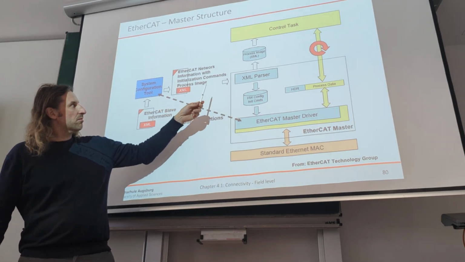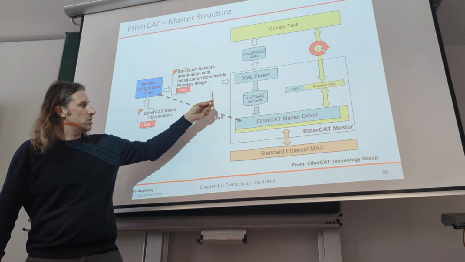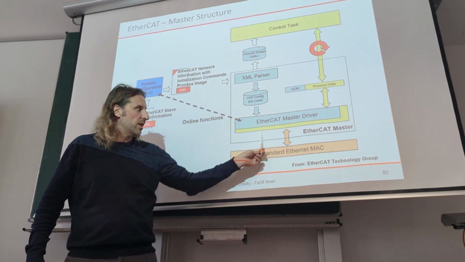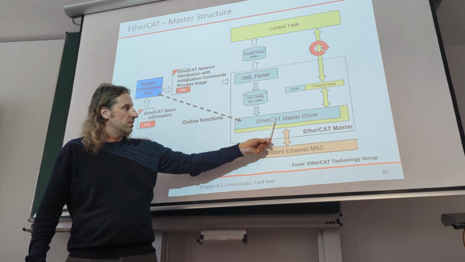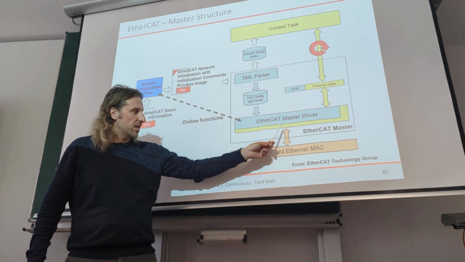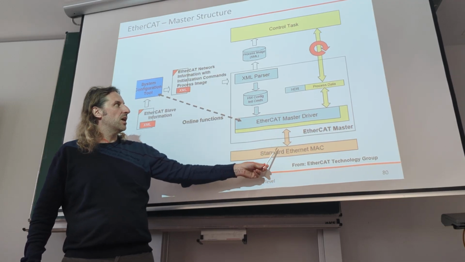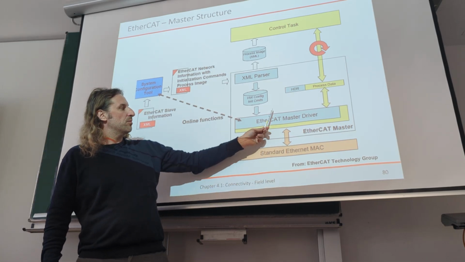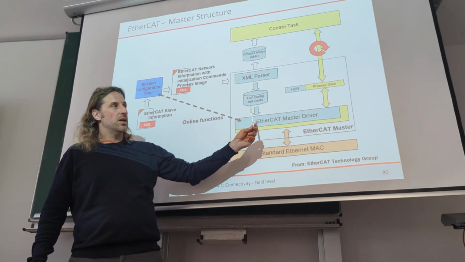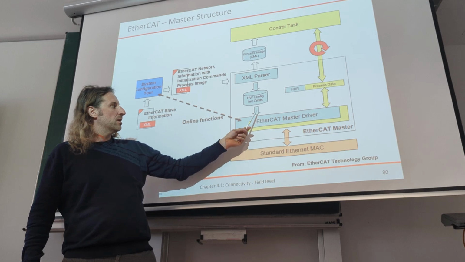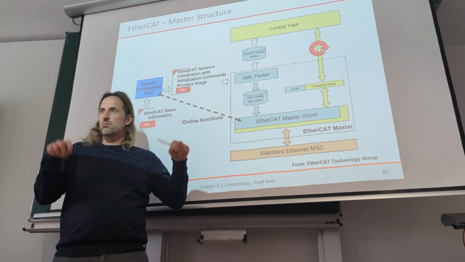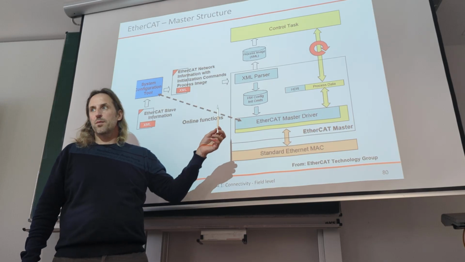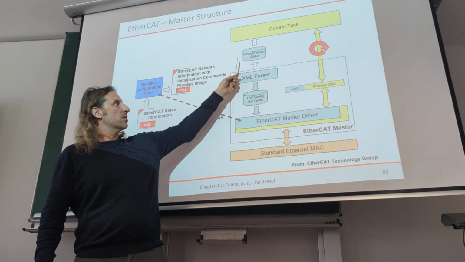And so they use that information in the EtherCAT master, they parse that information and then create this EtherCAT master driver driving the cycle over standard Ethernet hardware. And on top of that Ethernet master, that was a component in our PC, runs the control task.